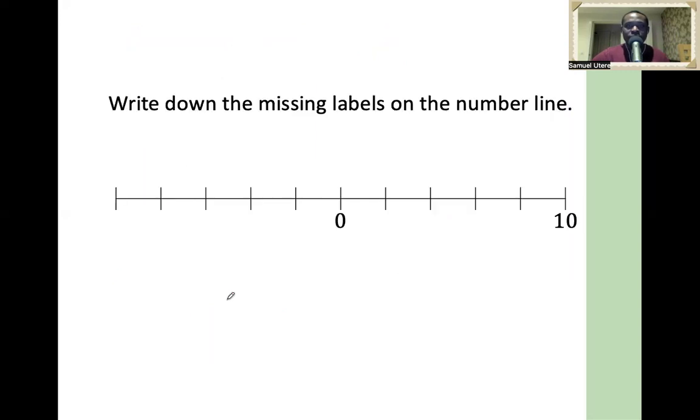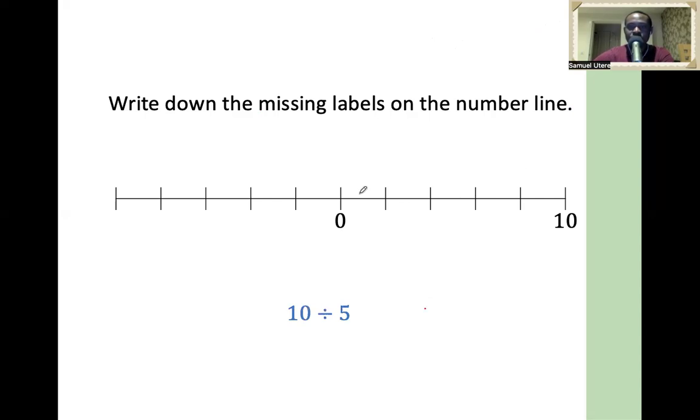Okay, let's look at another example to see how we can use our knowledge of negative and positive numbers to complete this number line. Now you can see that the difference between 0 and 10 is 10. But we have 5 intervals.